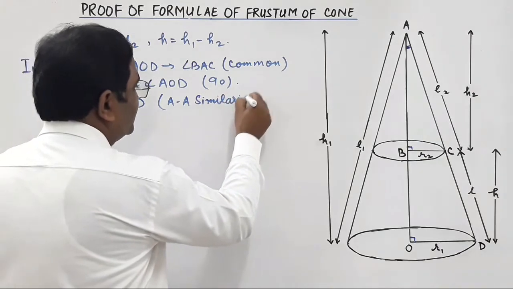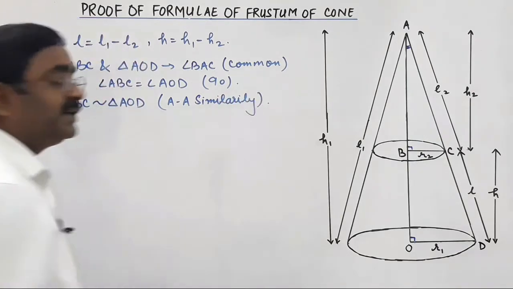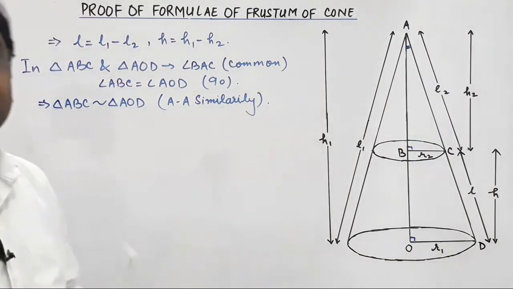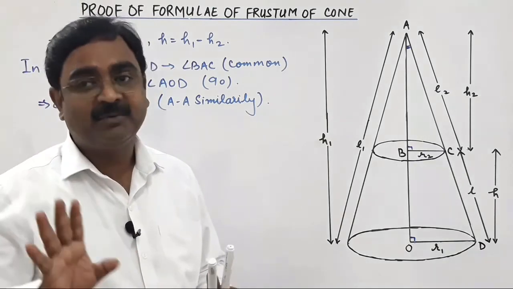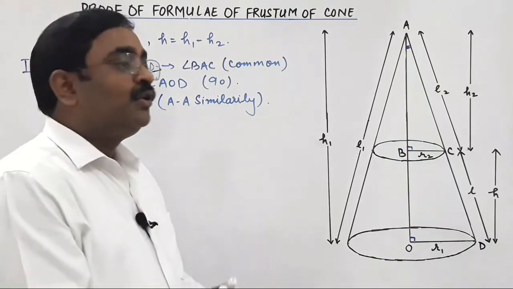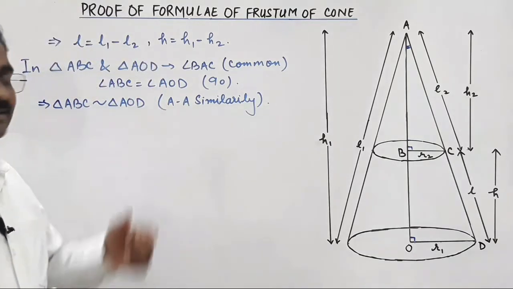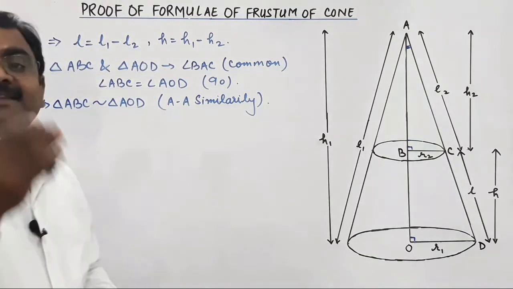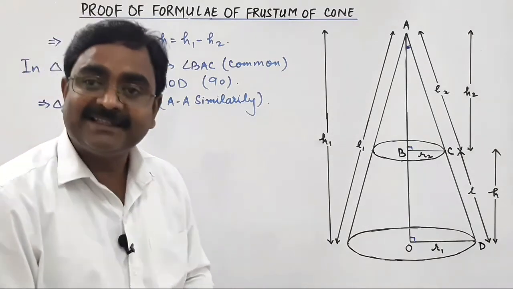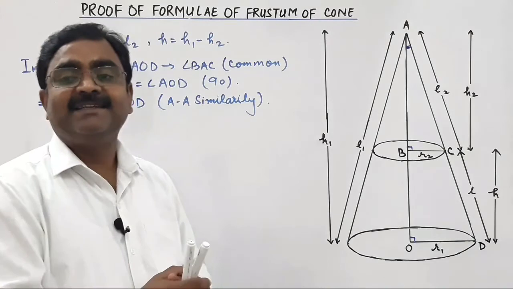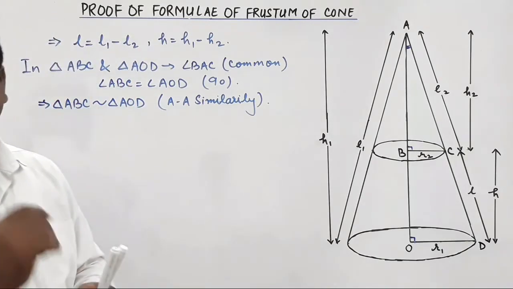Where have you read this property? You have read this property in the chapter Triangles, if you have read it properly. Now if these two triangles are similar, then by the basic proportionality theorem we can say that their corresponding sides are in the same ratio.